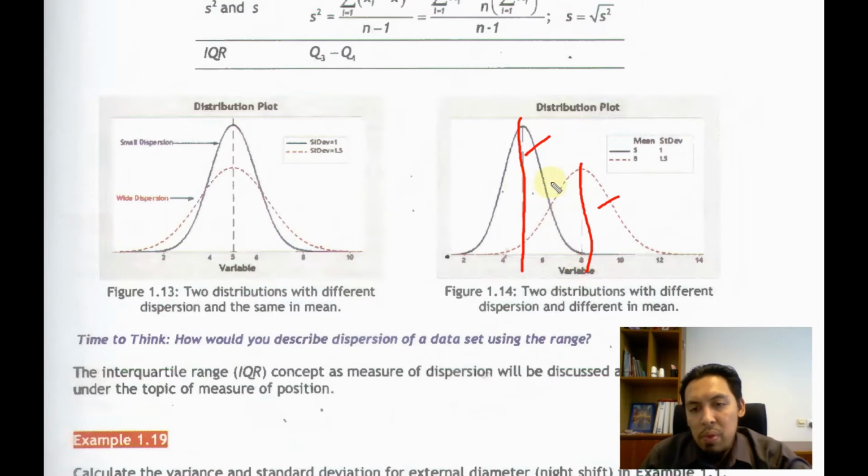So for these distributions, they have different spreadness and also different mean. This is one of the things that you can describe when you look at spreadness and mean.